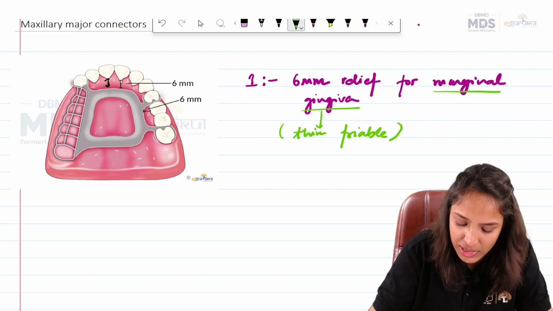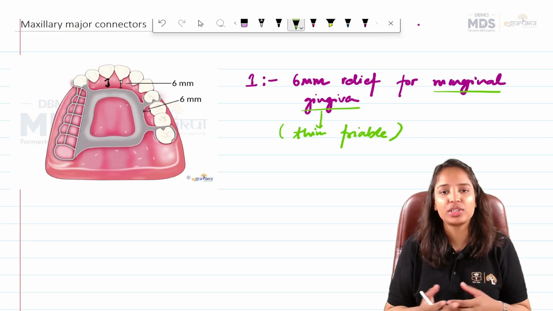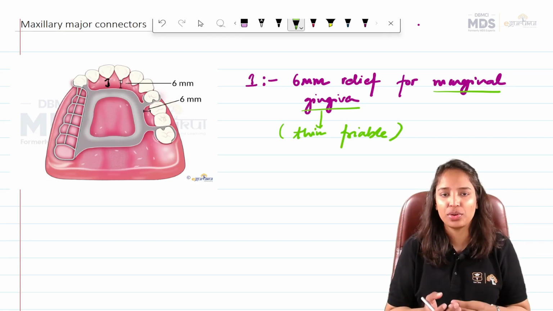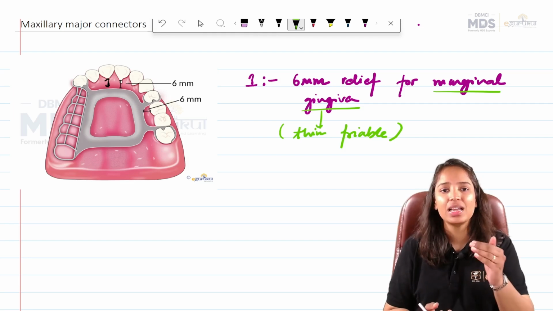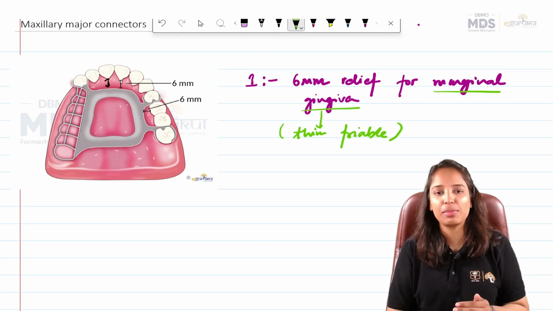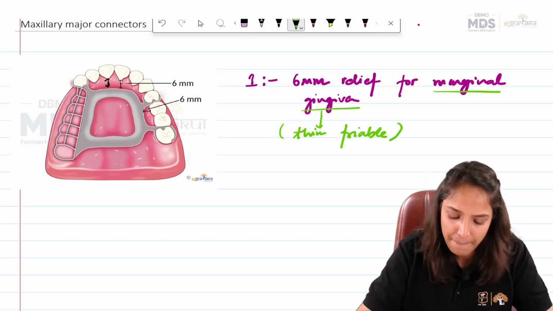Because it is thin and friable, it is prone to damage or injury very easily. It is a highly vascular tissue also. So, you must provide at least 6 millimeters distance from the marginal gingiva so that there is adequate relief for it.